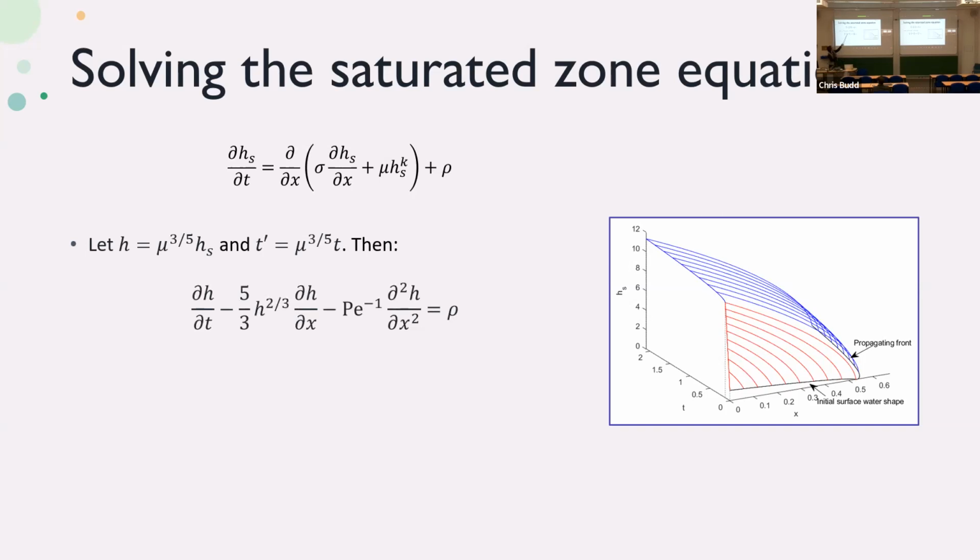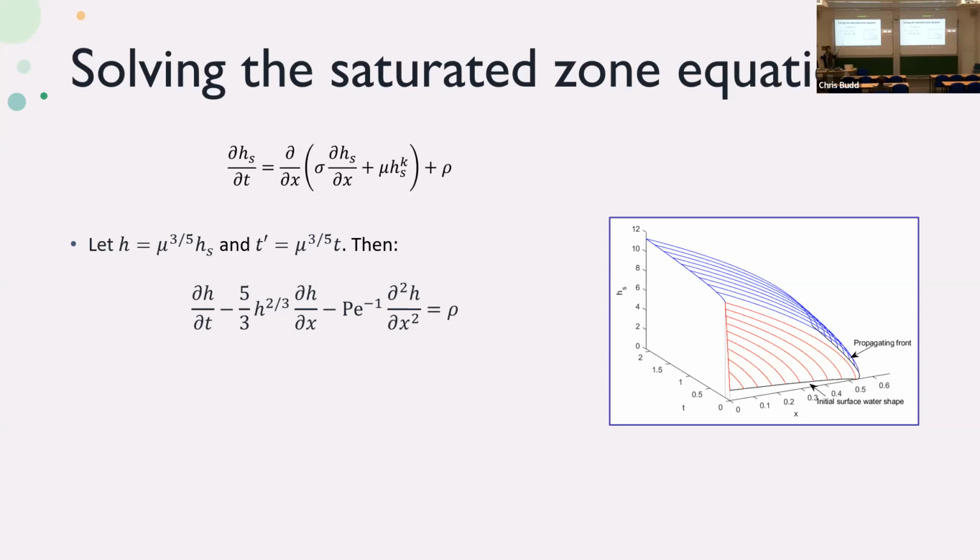If we non-dimensionalize this, if we pick a proper timescale for our time and proper scale for our h, we can derive the following equation in which there is a dimensionless parameter called the Péclet number, which is telling us the relative importance of the convection term to the diffusion term.